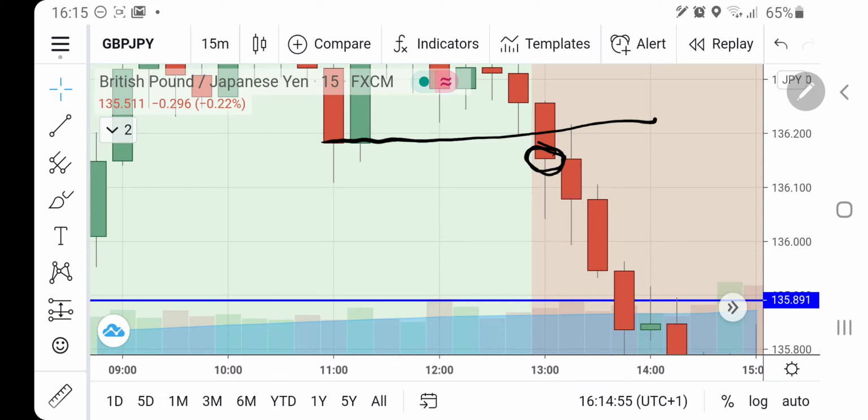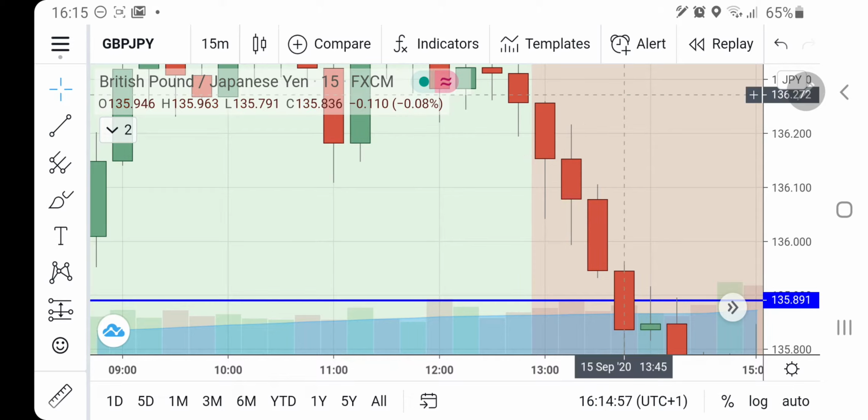Well, we already breached below support, so I know it's going down. So I wait for the price to go up to make the wick, and as soon as it comes down and breaches the body of the candle and flips red, I enter the trade. So I entered another trade in this zone here.